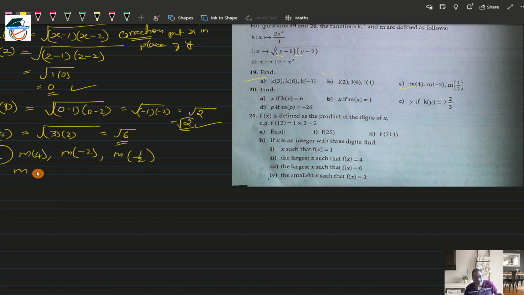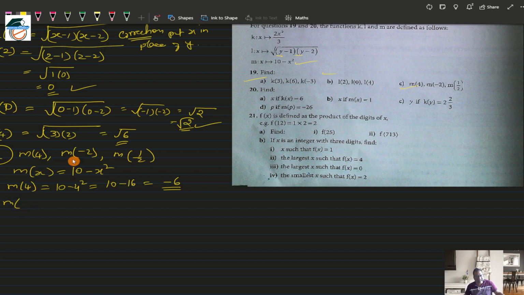Okay, so what is the M function? M of x is 10 minus x square. It's given here. Okay, going by this, M of 4 will be equal to 10 minus 4 square, that is 10 minus 16, which is minus 6.